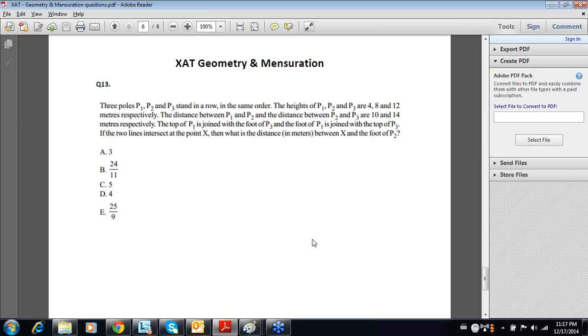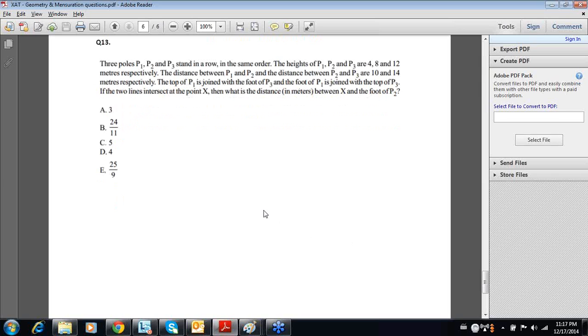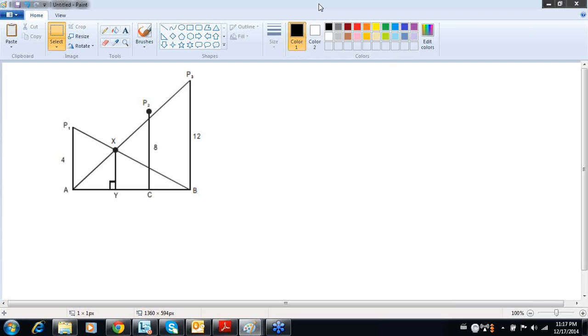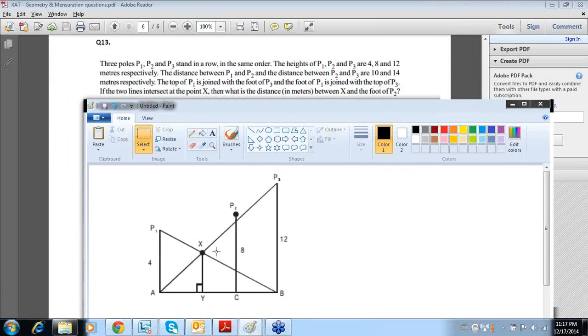Okay. Moving on to question number 13. Question number 13 says 3 poles P1, P2, P3 stand in a, just let us make a diagram also. So P1, P2 and P3 stand in a row in the same order. Height of P1 is 4, P2 is 8 and P3 is 12 meter respectively.